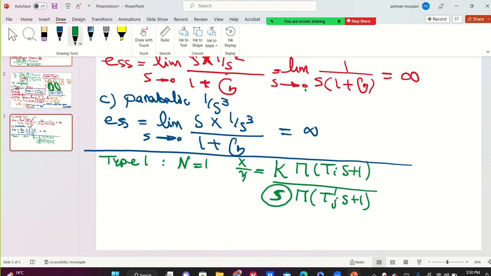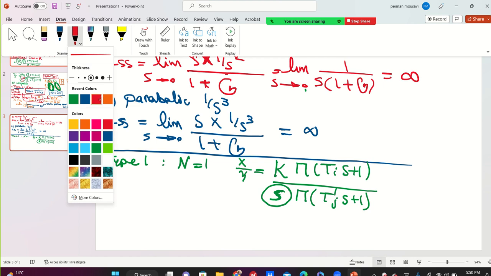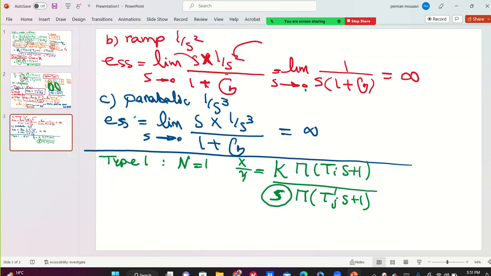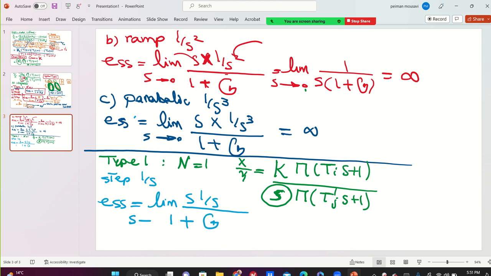If that's the case, now let us begin again. Let's apply a step, means 1 over s. So ESS is going to be a limit of s times 1 over s over 1 plus G when s goes to 0.